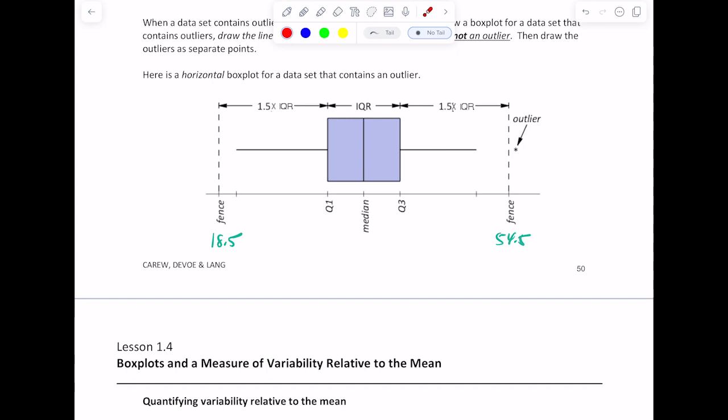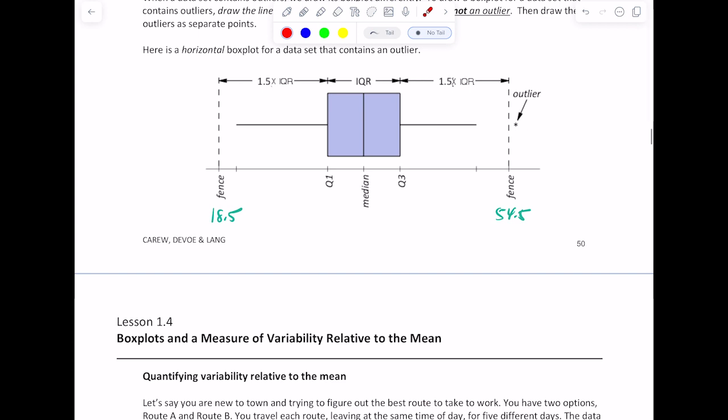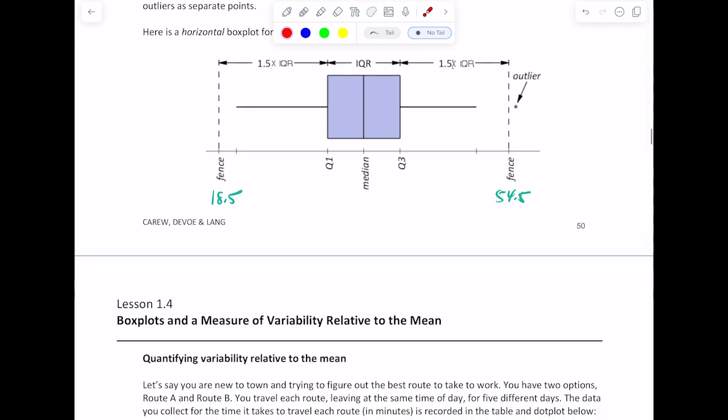So we would have to go back to our data set, and wherever the fence is, the next highest value is where the whisker would stop. Okay, and there's a video in the modules if you care to look at modified box plots, and there's also one in the homework which you should practice.